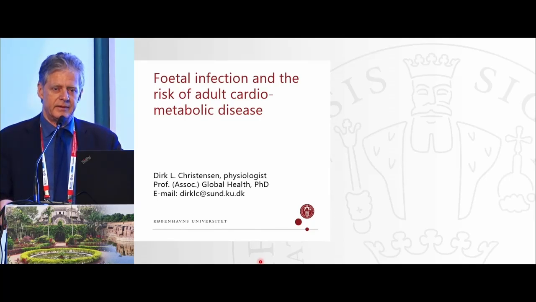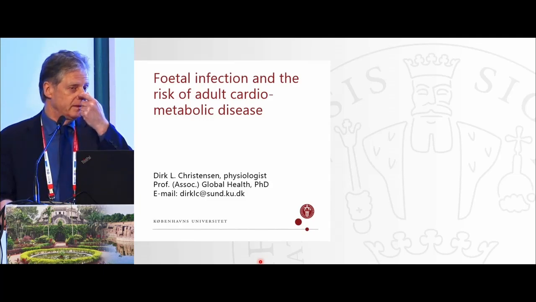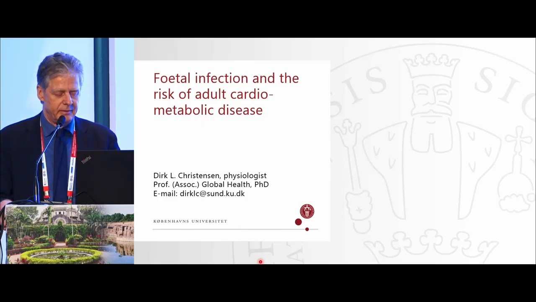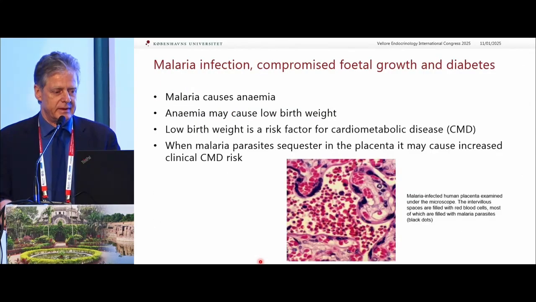The focus for me today will be on malaria and diabetes, which is a less studied area, whereas for the other two we know much more about those interactions.